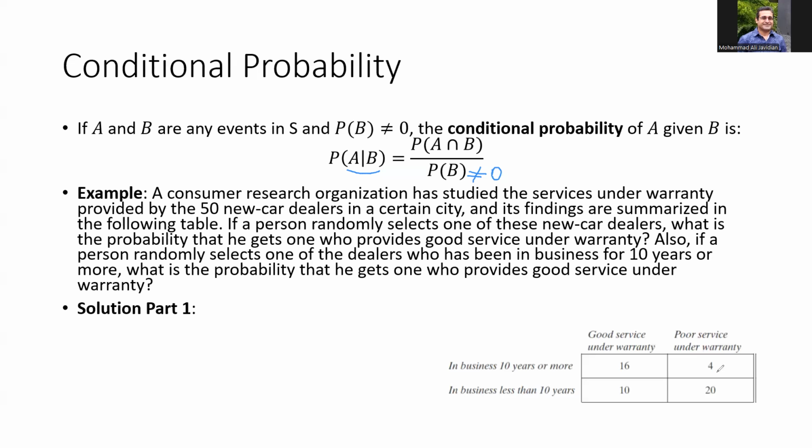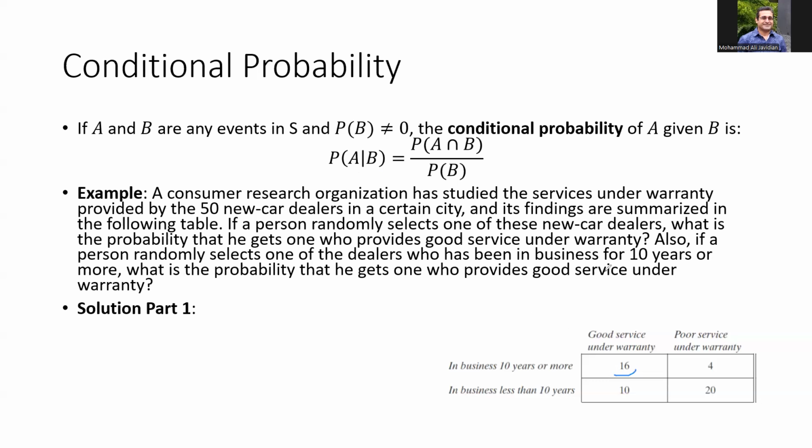And these are the numbers. For example, we have 16 organizations or car dealers that are in the business more than 10 years, and also people say they have good service.